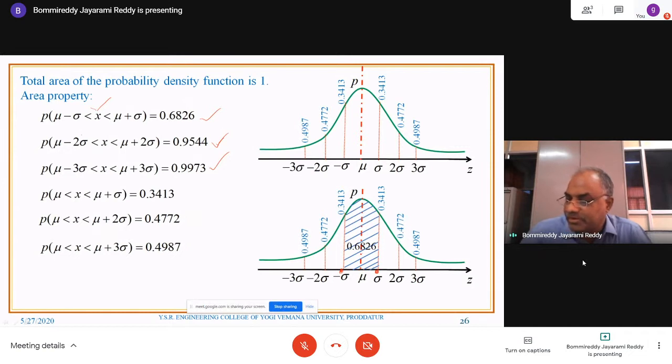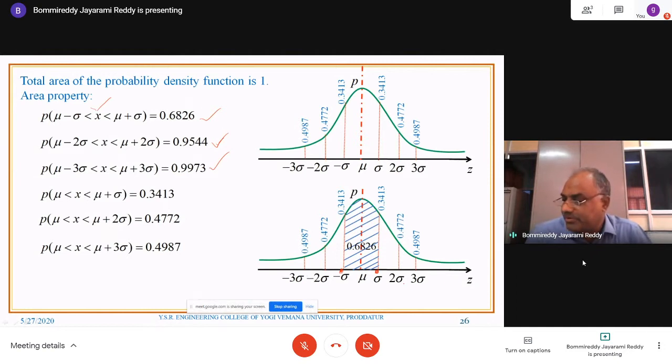So the probability of x varying from mu minus sigma to mu plus sigma is 0.6826, from the statistical table. That means the area of the hatched portion is 68.26%. What is the total area? 100% or 1. When the total area is 1, this contribution is 0.6826.